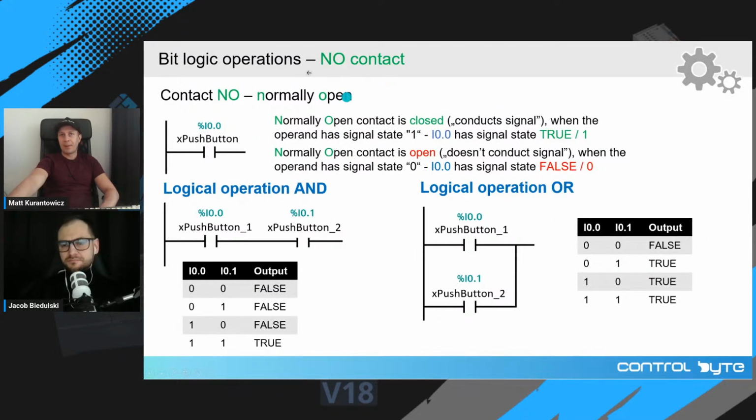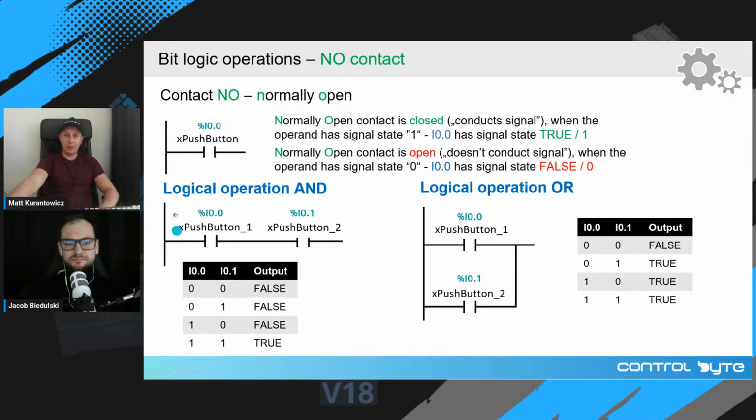Here we have the basic operation, which is the normally open contact. Here we have a truth table and simple logic gates like the logical operation AND.